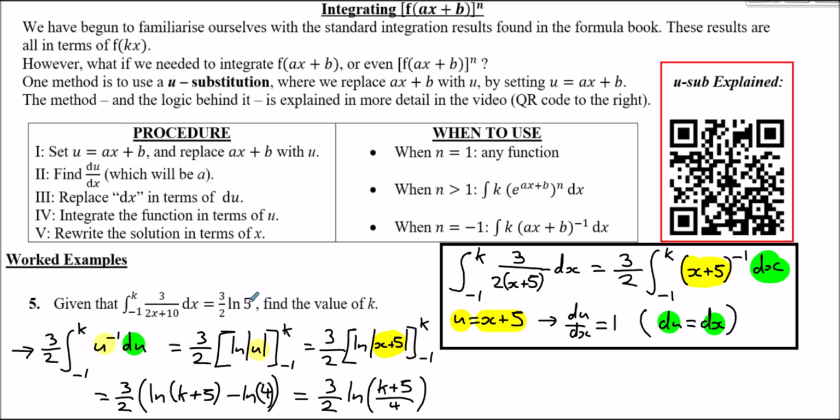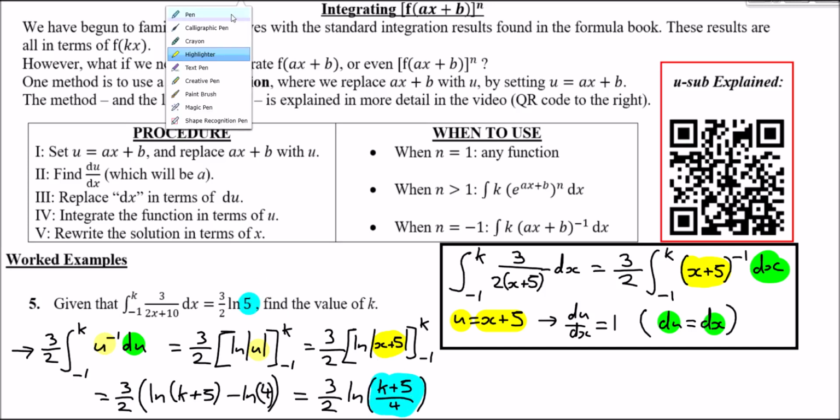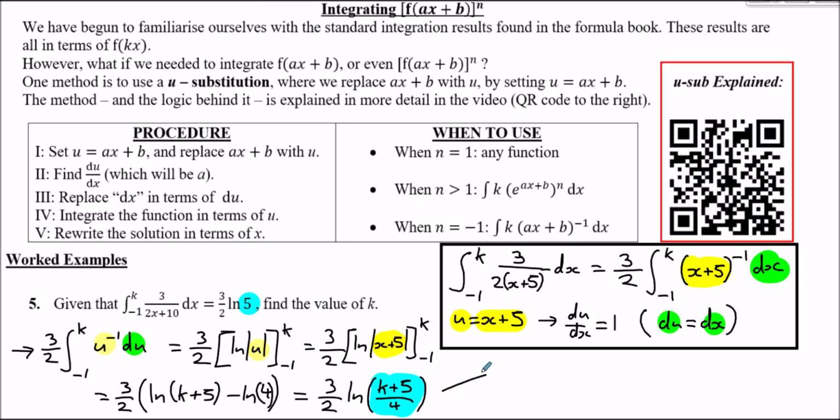But this needs to be ln 5. So essentially, what we've got inside the ln needs to be 5. So matching bits and pieces together, we can hopefully deduce that therefore, k plus 5 over 4 must therefore be 5.